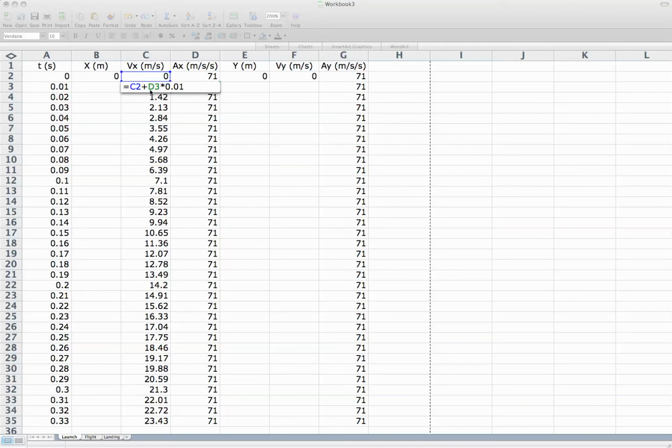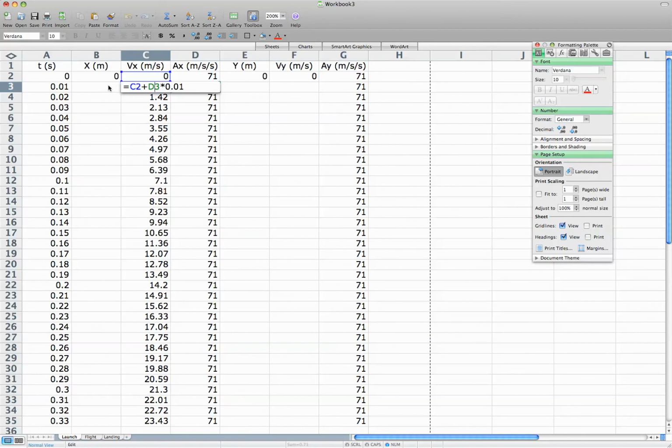And then I know that what I need to do for position in the future is to know what my position was in the past, plus the velocity that I'm traveling, times the time interval.